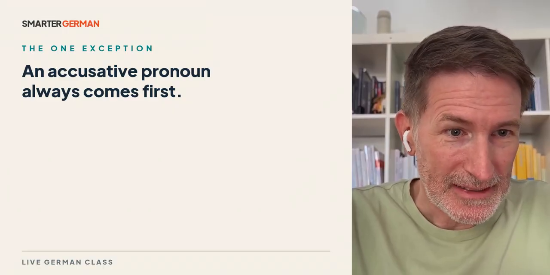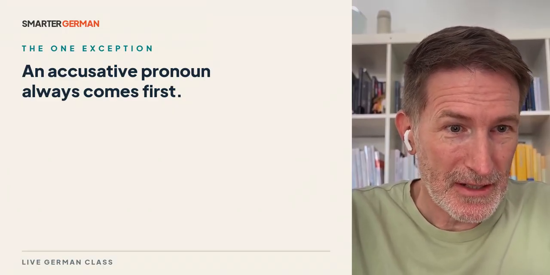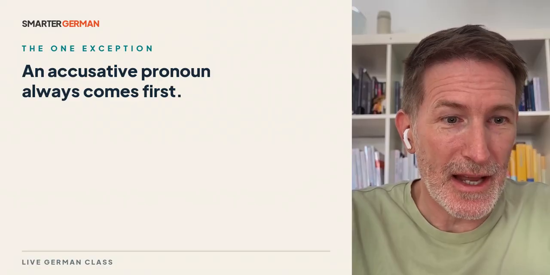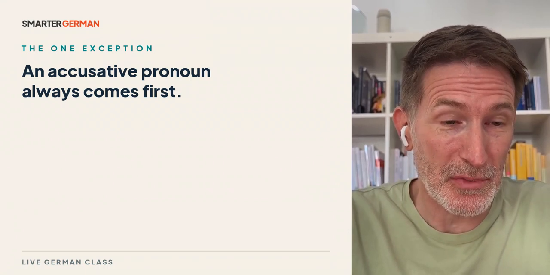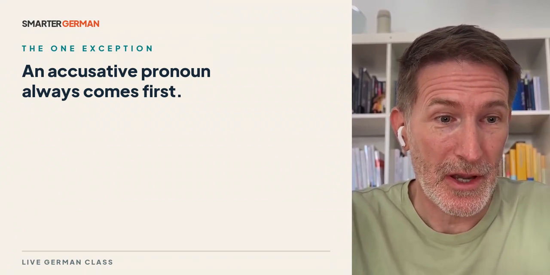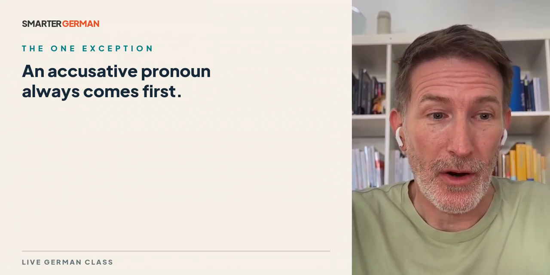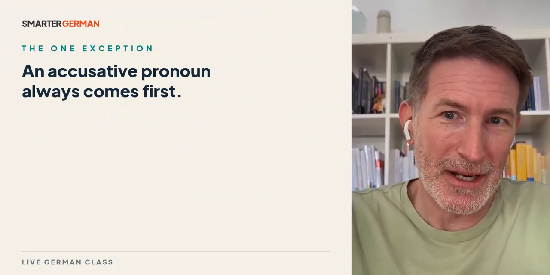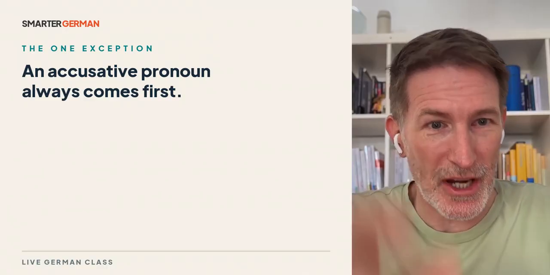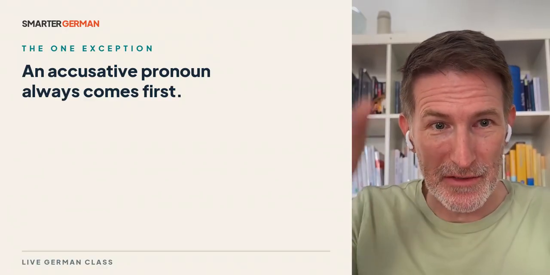So the order generally, I said, is Dada, dative before accusative. Now, the only exception from that rule is if there is a single accusative pronoun. So an accusative pronoun always comes first. And that is the one exception. I'm missing one example, I'm sorry. It will come later when we talk about other things. So in general, the order is clear. First the dative, then the accusative.